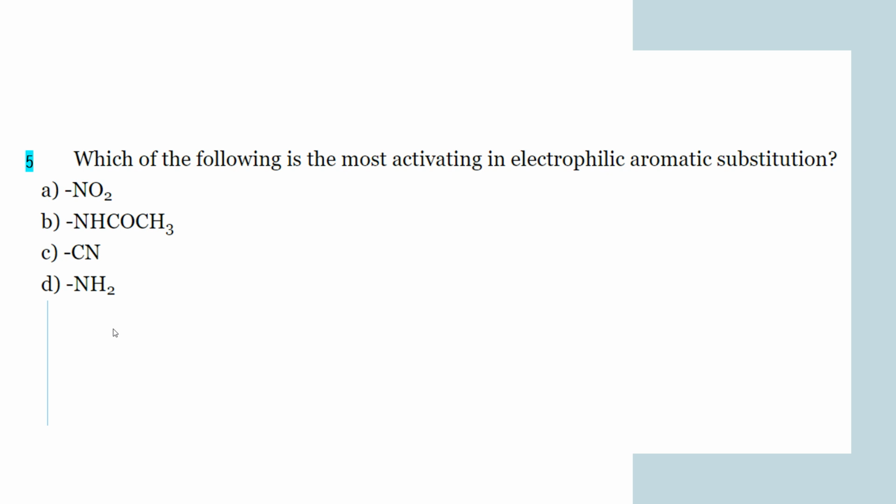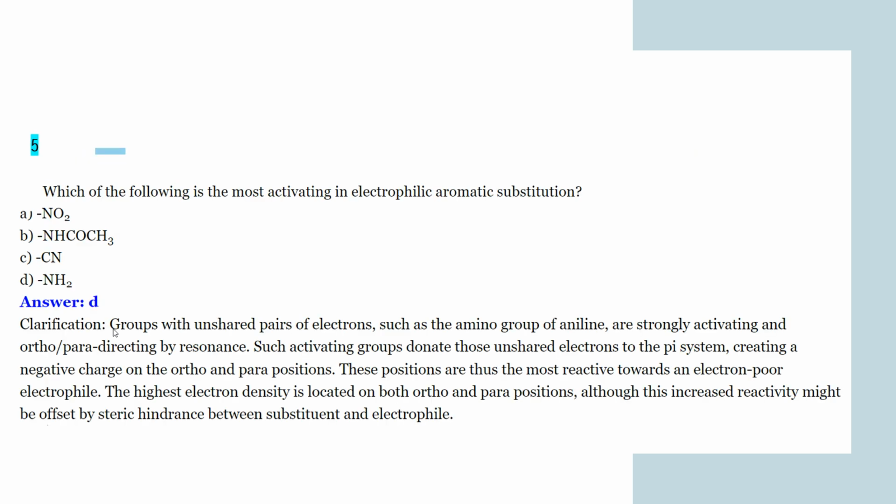Presence of which group will make the benzene ring the most electron rich so that it can undergo electrophilic aromatic substitution? Very easy question, like we saw in the previous questions, that to undergo electrophilic aromatic substitution, the aromatic ring must be electron rich. So you just need to screen the substituent which has electrons to be donated to the aromatic ring.